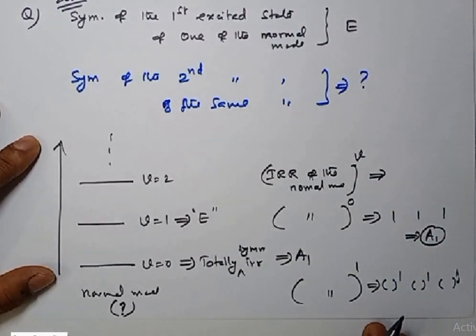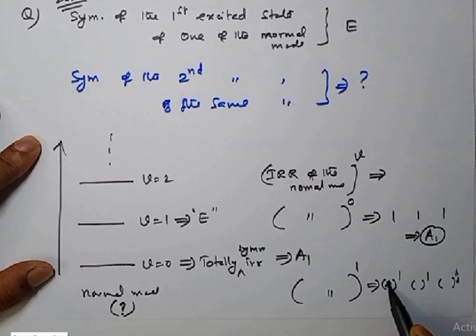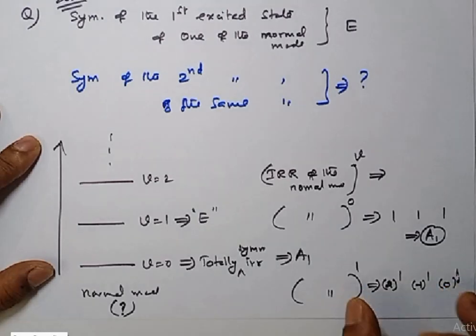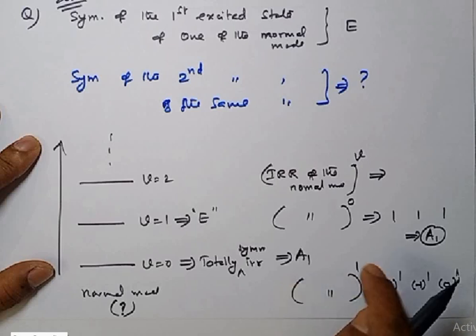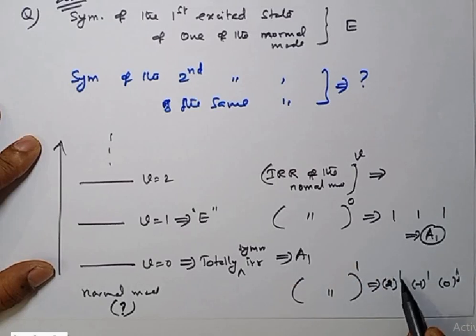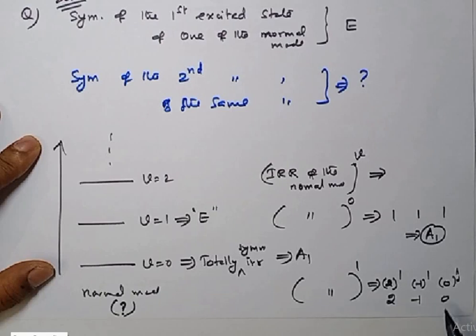Can anyone tell me the character for E in the C3v table? 2, minus 1, 0. If I put power 1, it gives you the irreducible representation for the first excited state. Power 1 means 2, minus 1, 0, which corresponds to E.